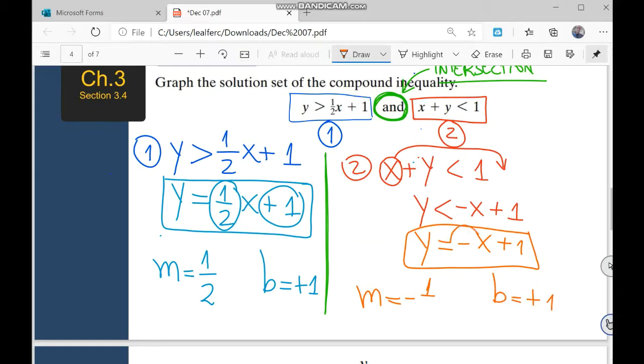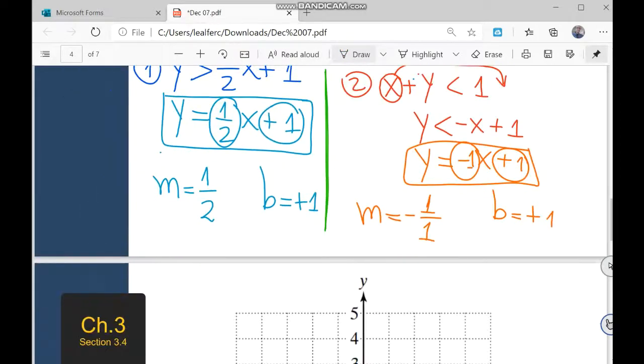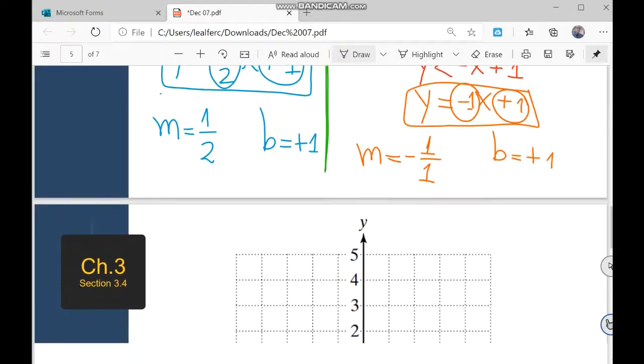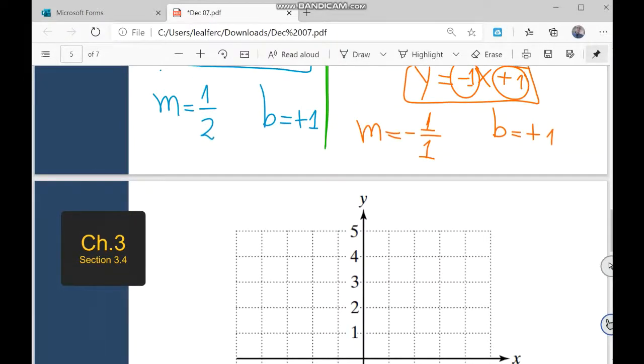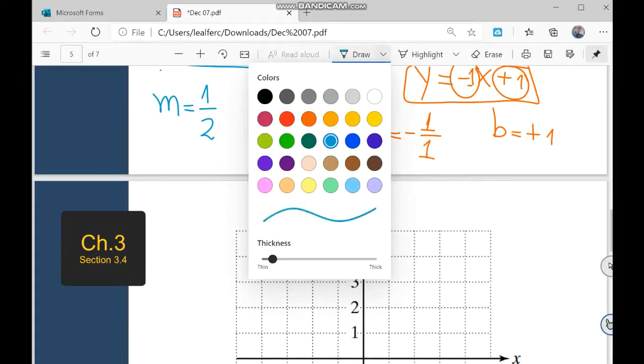This is m, negative 1, and this is b. Let's write m as negative 1 over 1, so we remember this is rise over run. Let's write it like this so we can remember how to graph it. And the next step here, let's use the graph to draw inequality number 1.